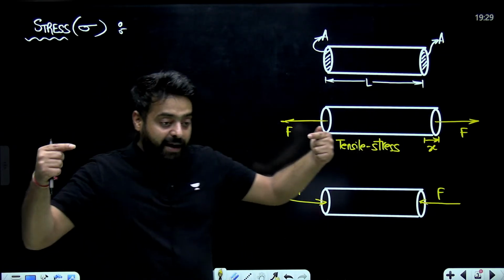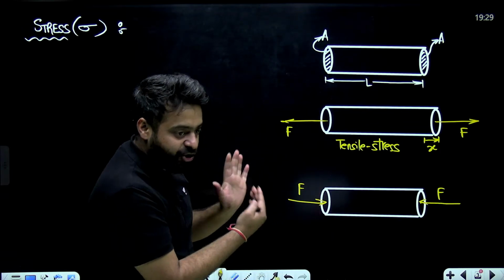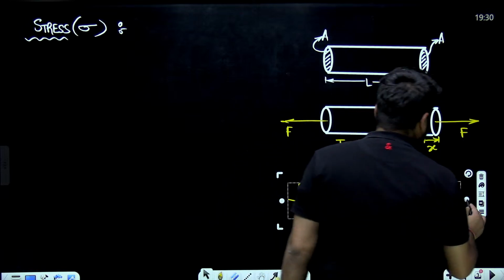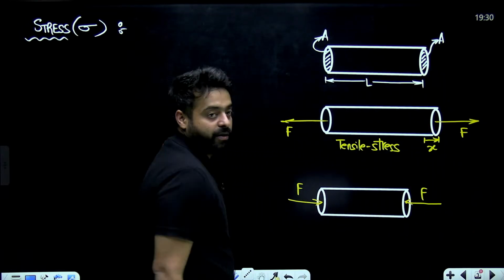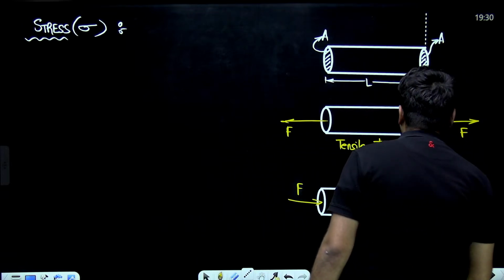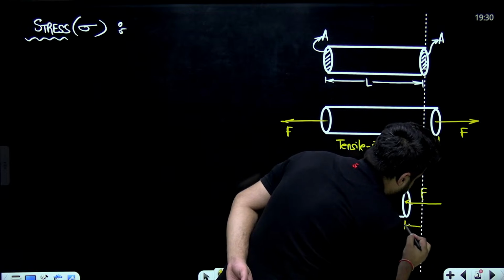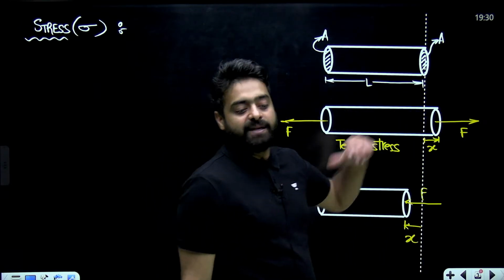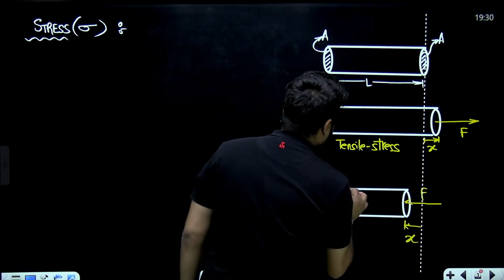If you apply the force toward the body, it actually decreases its length, by some amount. So with respect to the original length, you can see very clearly that here the length is decreased by some x value, and here the length is increased by some x value. So this condition is the compressive stress condition.